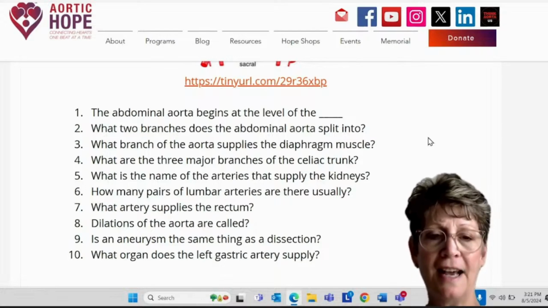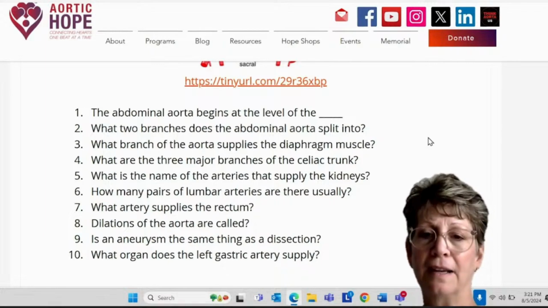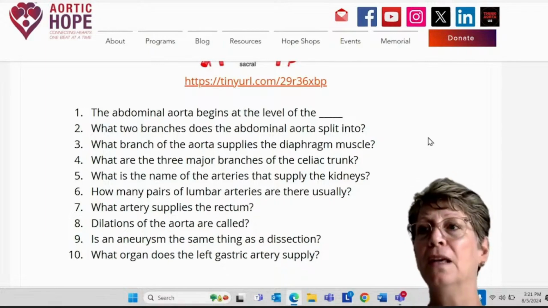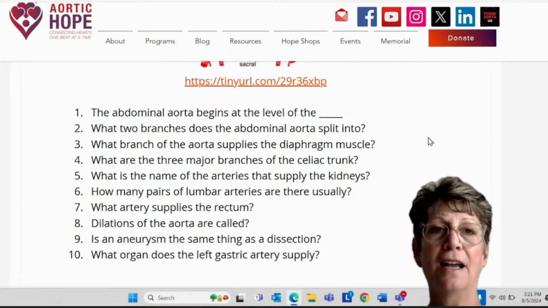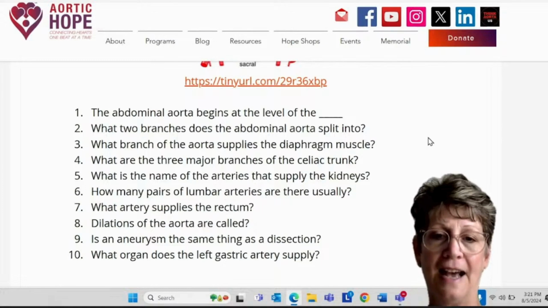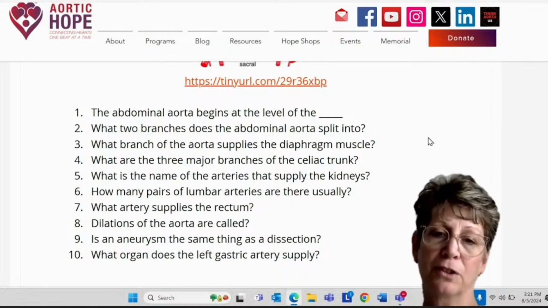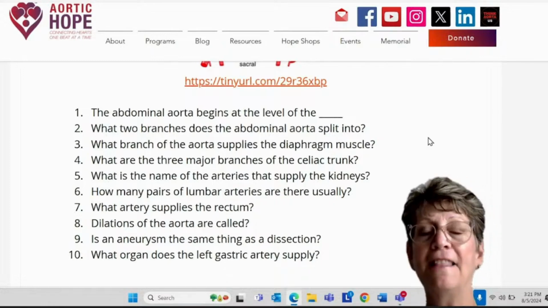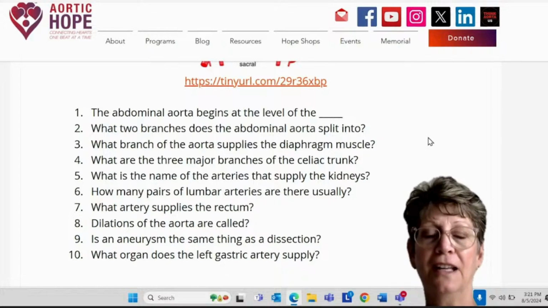What two branches does the abdominal aorta split into? Were we right with iliac? Common iliac arteries, correct. And in our community, you will hear people say, I am dissected through my iliac, dissected through the right iliac or both iliacs, which means down both legs. And that is why one of the symptoms is loss of feeling in the back of your legs.